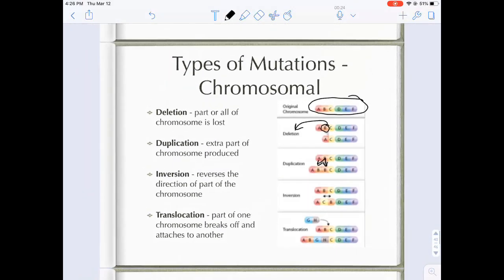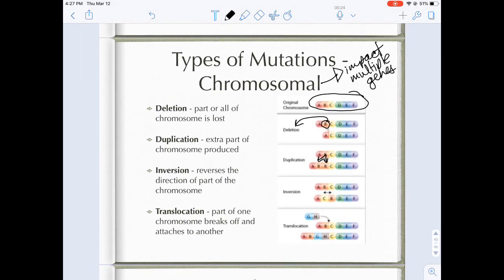So it's not just going to be one gene. A chromosome mutation is going to impact multiple genes, because there's way more than just the 6 letters that are shown here. There's a lot of genes on any given chromosome. So if a chunk of chromosome is deleted or duplicated or whatever, it is going to change the organism more significantly.